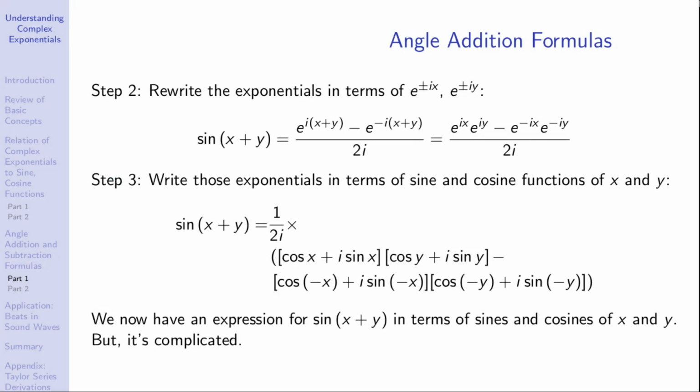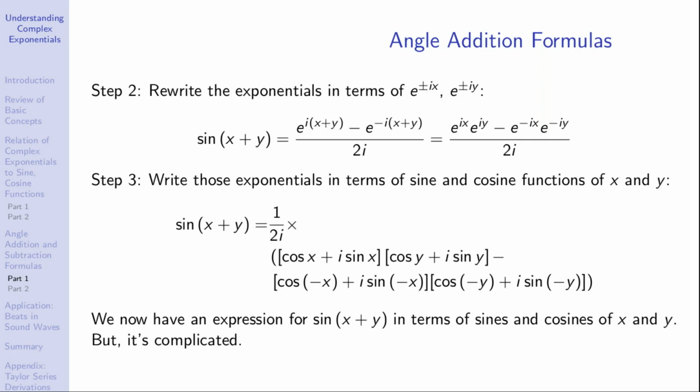Okay, next, step 2. Now we rewrite the exponentials in terms of e to the plus and minus ix and e to the plus and minus iy. So from the previous slide, we had that the sine of x plus y was equal to e to the i(x plus y) minus e to the minus i(x plus y) over 2i.